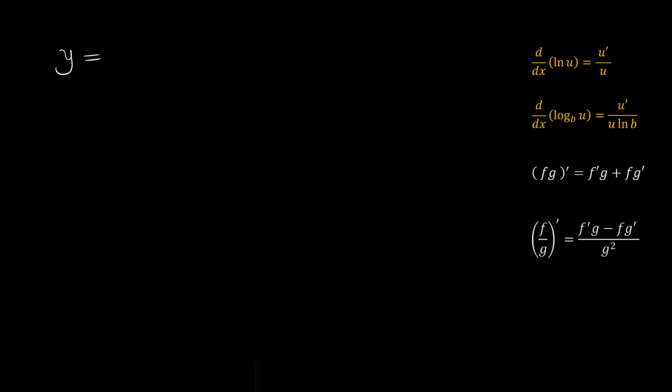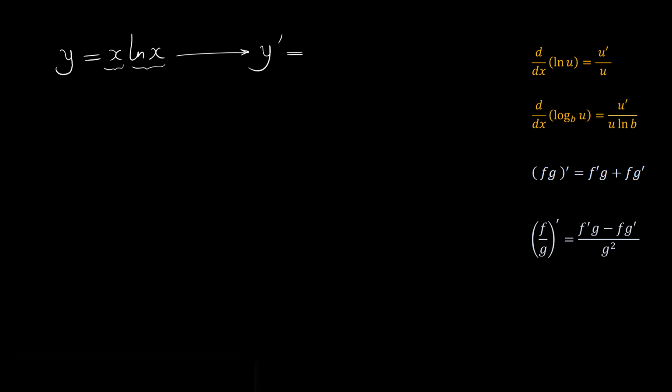Let's do some more examples to get familiar with derivatives of logarithmic functions. For example, consider y equals x times ln of x. For finding the derivative of this function, we need product rule because x is multiplied by ln of x.